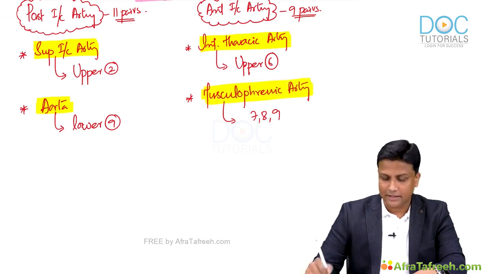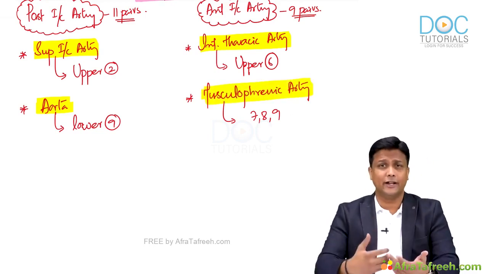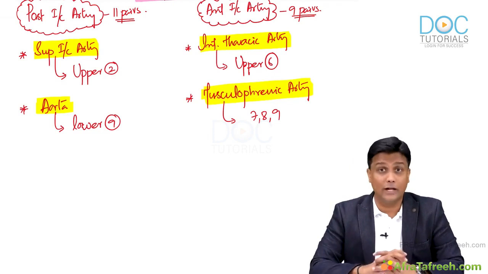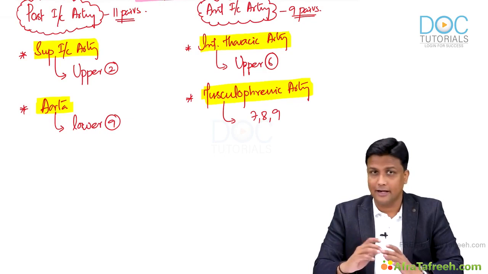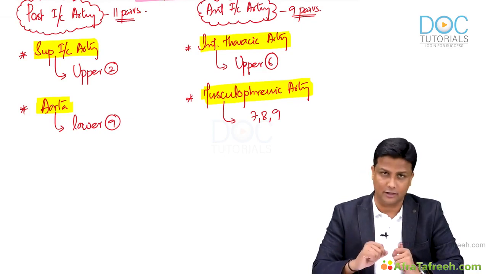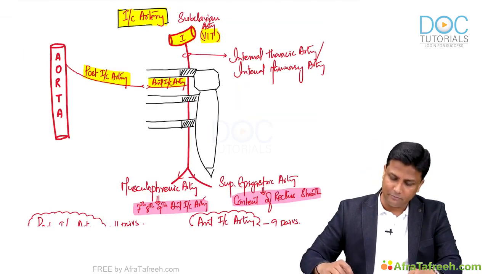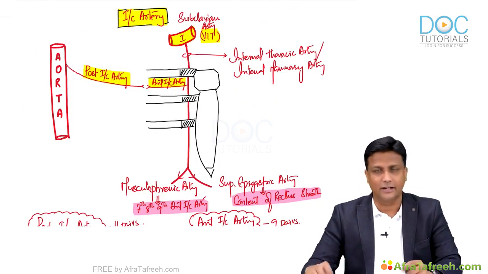Instead of simply mugging up like this, I have already shown you in the diagram so that you will be able to retain it very well in your mind. Fine. That completes everything regarding the anterior intercostal artery as well as the posterior intercostal artery, and everything is made simple with the help of this diagram, guys.